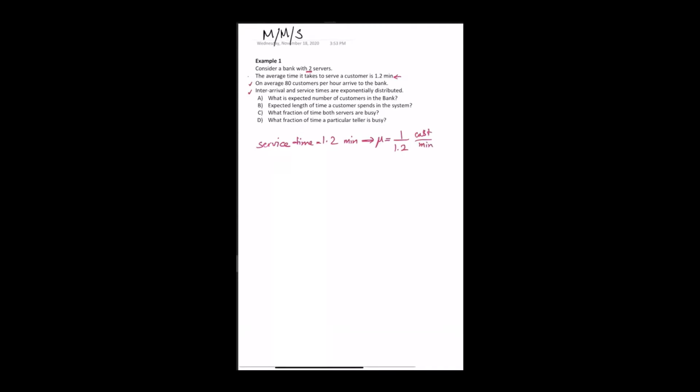If we multiply that by 60 minutes per hour, that is going to be 50 customers per hour. Okay, so that's the service rate. Then this bullet is telling us that on average 80 customers per hour arrive to the bank. Again, think about it: is this arrival rate or inter-arrival time? The information given here is arrival rate, lambda equals 80 customers per hour.